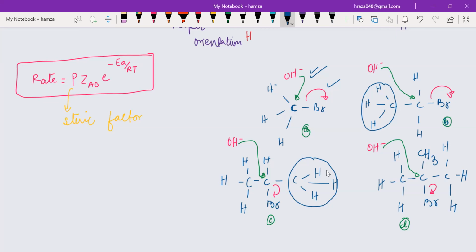Yes, sir. So in which is the steric hindrance more? In D. So it is difficult for OH minus to reach here.